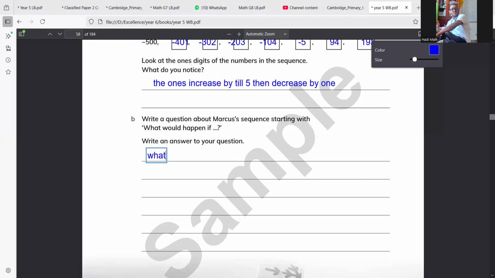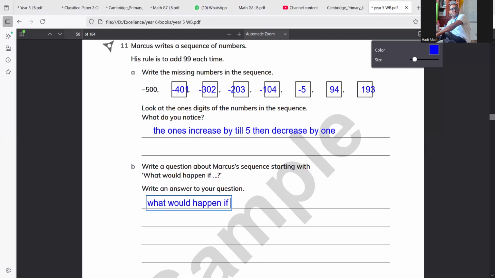Like you could say, what would happen if we write the next two terms?